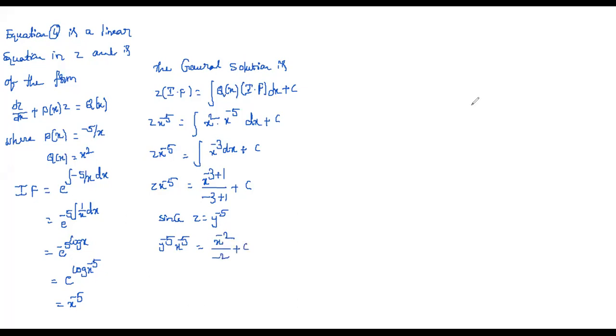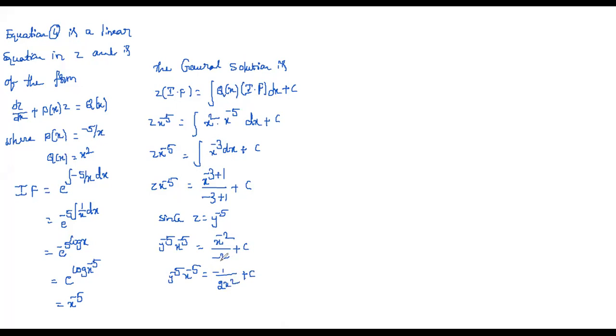So now y power minus 5 x power minus 5 is equal to 1 by 2 into minus 1 by 2 x square plus a constant. So this is the general solution of the given Bernoulli's differential equation.